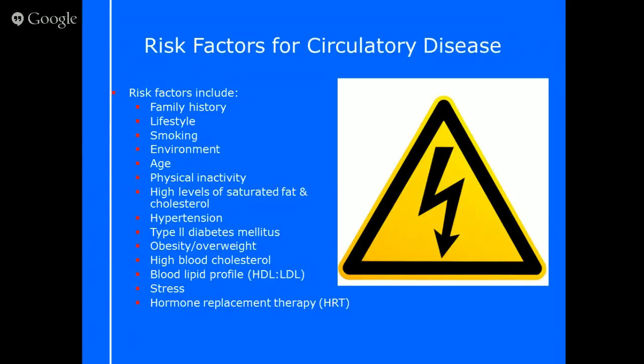Now, when we're talking about cholesterol, it's important to understand the difference between fats that enter the body and how they're transported around the body, and how that relates to the plaque buildup. So essentially, our body creates both HDL and LDL cholesterols.